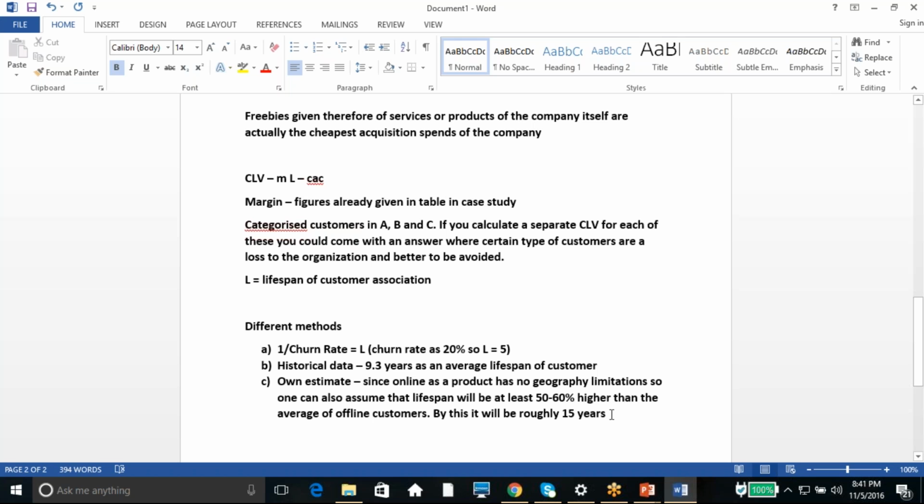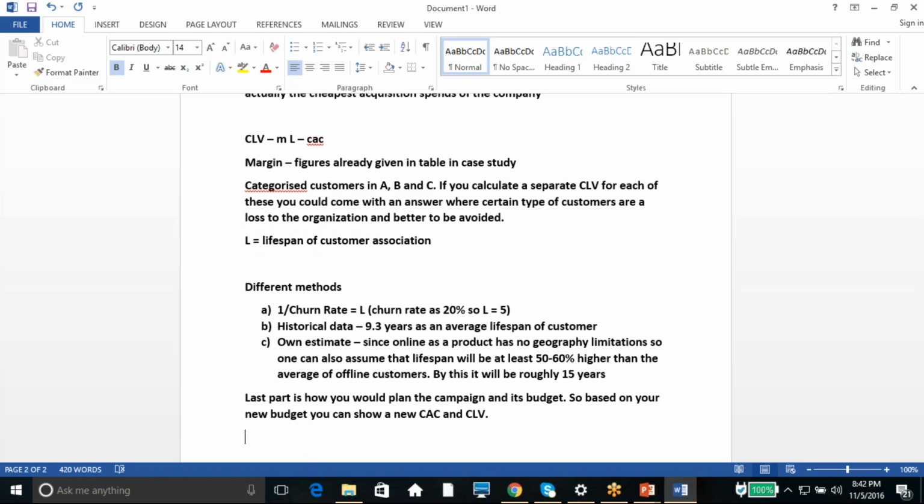Okay, so by this you can find out the CAC and CLV, and the last part is how you would plan the campaign and its budget. So based on your new budget, you can show a new CAC and CLV.